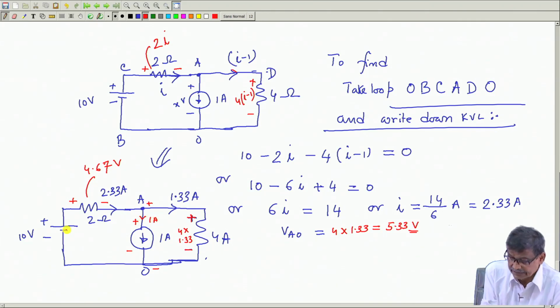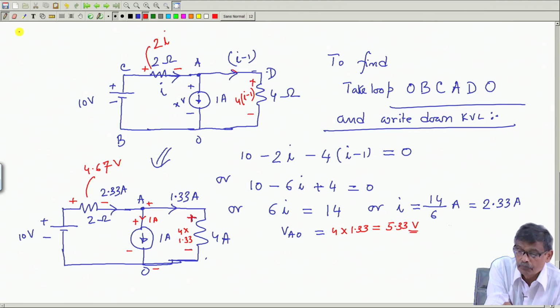Acha, let us take this 10 volt source. What is it doing? This current is 2.33, through the plus terminal it is coming out. So, this 10 volt is delivering power.